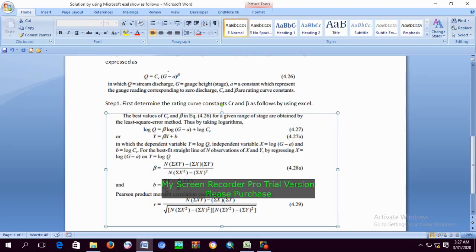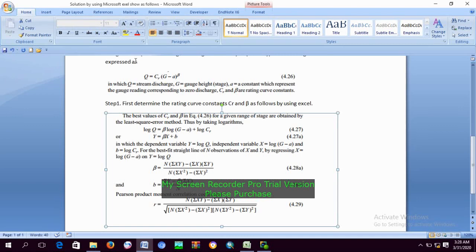And B is equal to the summation of Y minus β times the summation of X, over n, where n is the number of samples or records. After determining B, we can determine CR, because CR is the anti-logarithm of B.